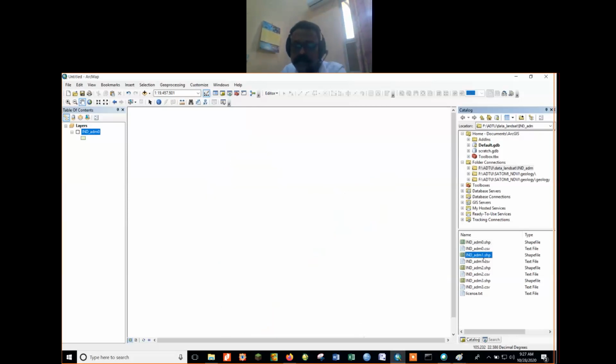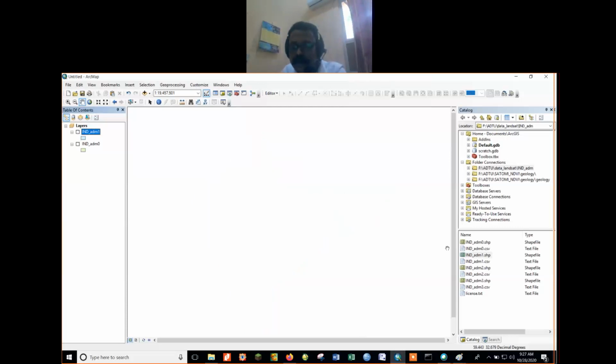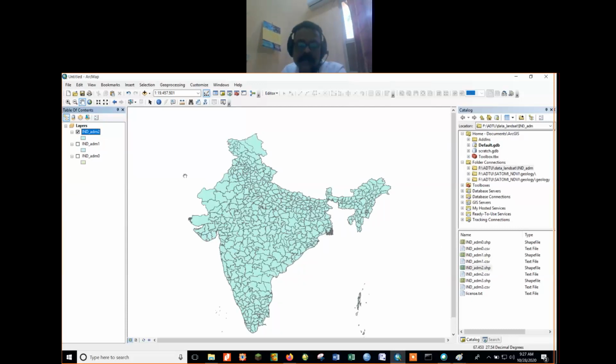Then there is another data, which is the states of India. You can see Assam, Arunachal Pradesh, Nagaland, Manipur, Tripura, Meghalaya, Sikkim. The next level is the district level data, where all the districts of India are there, including Andaman and Nicobar Islands.